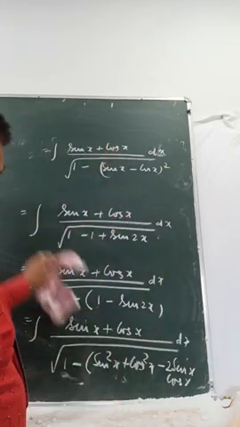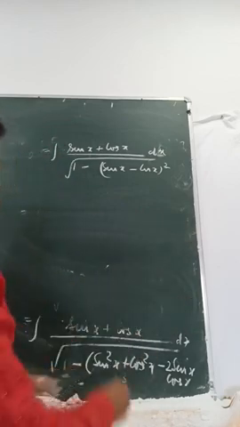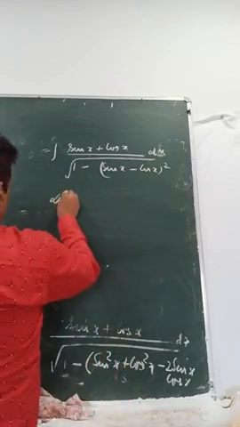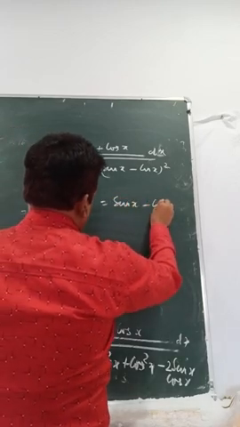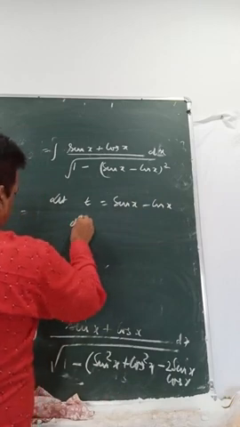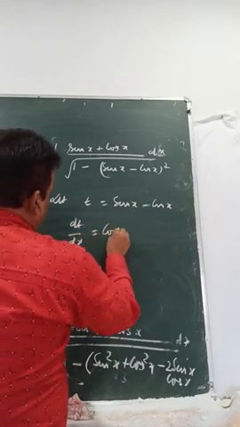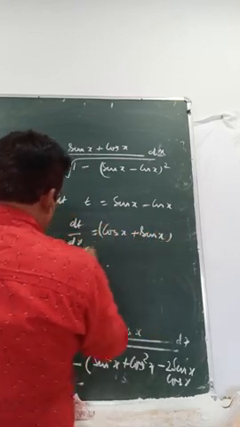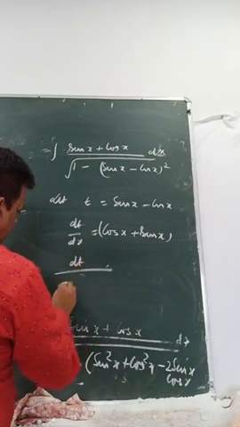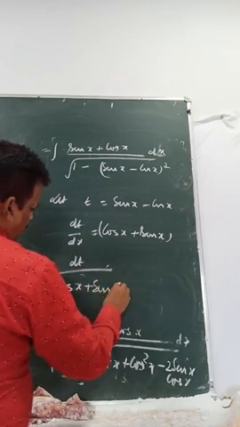So let's take sin x − cos x equals t. dt/dx is cos x + sin x. dt by (cos x + sin x) equals dx.